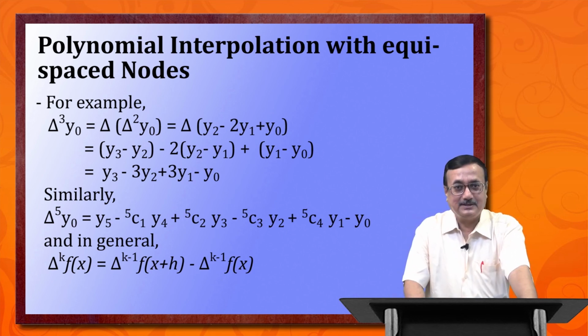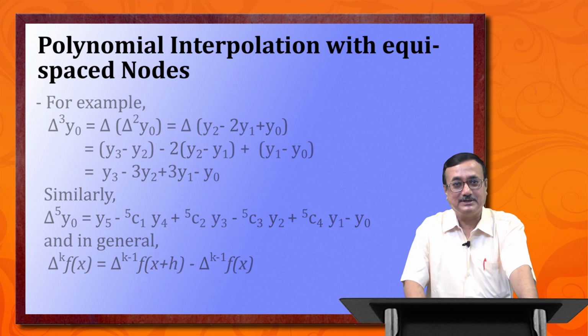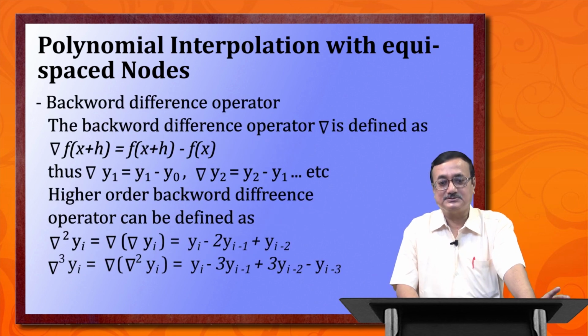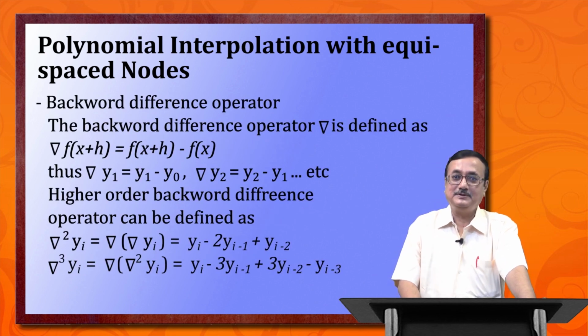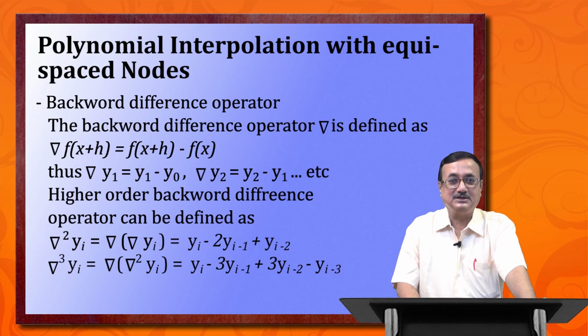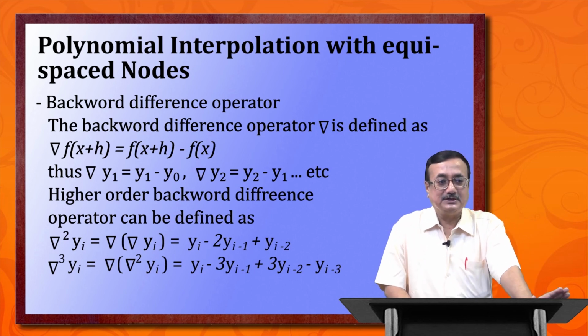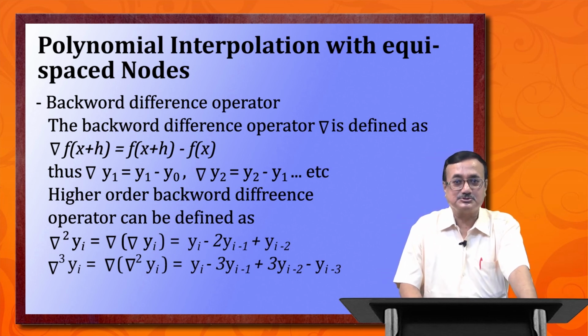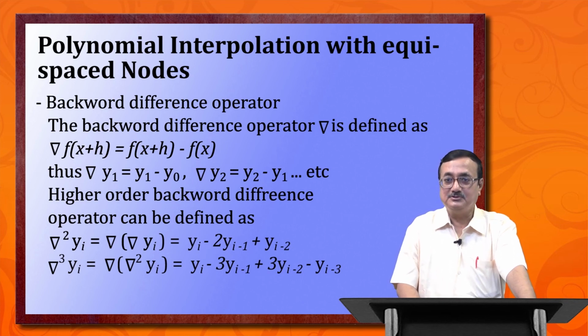We now consider another difference operator, known as the backward difference operator. The backward difference operator, represented by this symbol, is defined as nabla operated on f(x plus h) giving f(x plus h) minus f(x). So if we operate nabla on y1, we will get y1 minus y0.